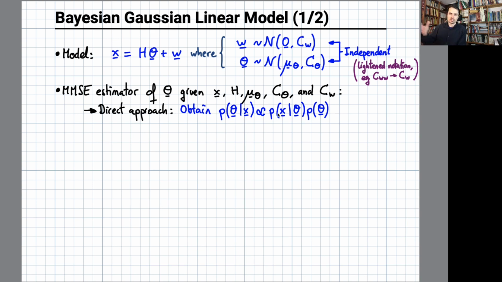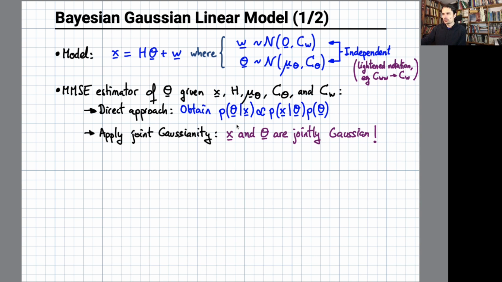And then working with the exponents of the resulting Gaussian PDFs, and at some point we would be able to find the mean of this distribution here. However, it is easier if we note that x and theta are jointly Gaussian, and then we apply the theorem from the previous slide, okay?